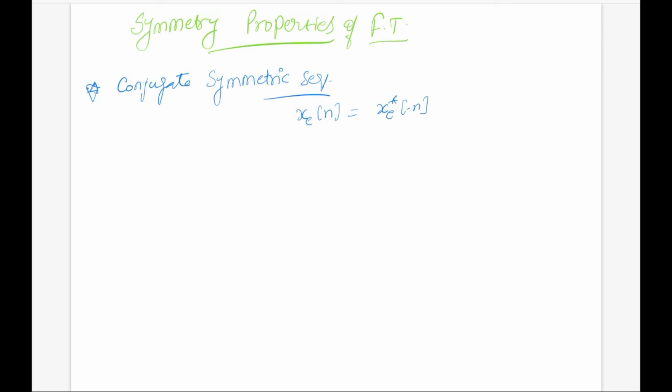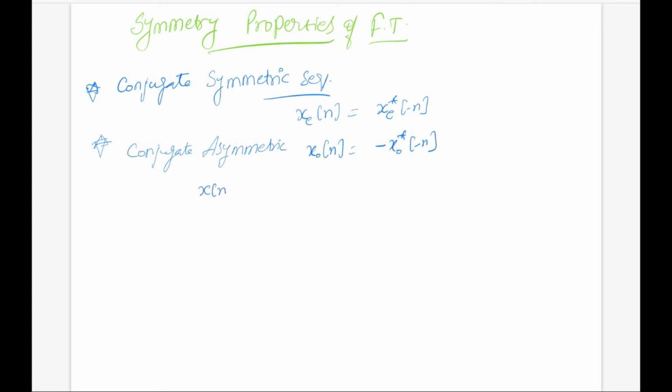Where this stands for the complex conjugate, and the conjugate antisymmetric sequence is defined like this. Any sequence can be expressed as the sum of a conjugate symmetric and a conjugate antisymmetric sequence.